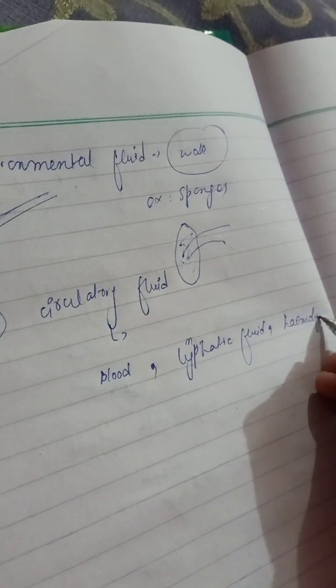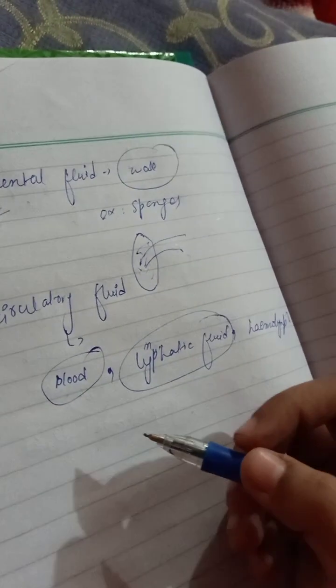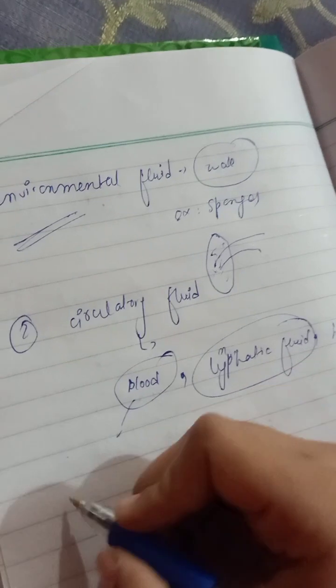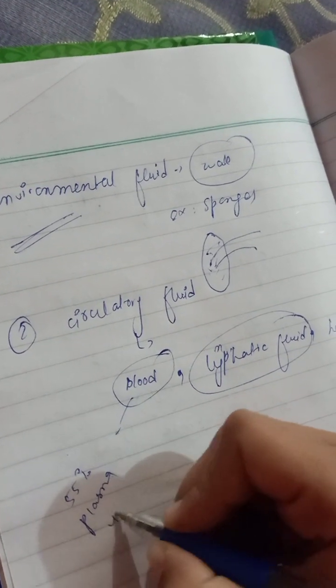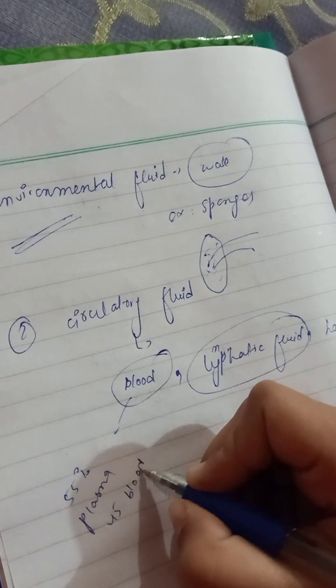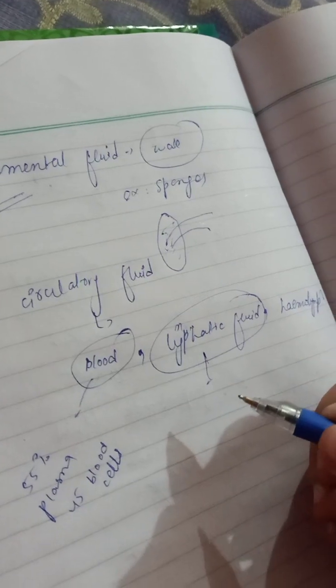Let me tell you what these are. Blood is in our body; lymphatic fluid is an interstitial fluid. Blood is 55% plasma and 45% blood cells, like erythrocytes, thrombocytes, and leukocytes.